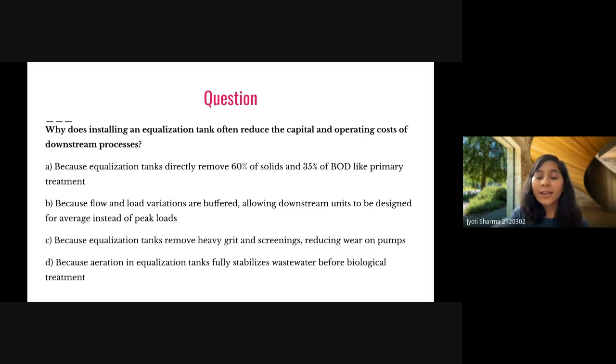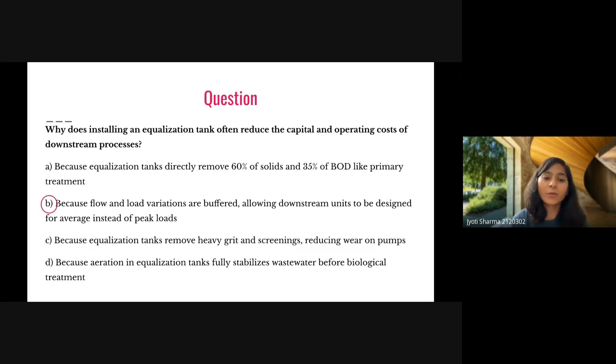Because the equalization tank directly removes 60% of solids and 35% of BOD; because flow and load variations are buffered, allowing downstream units to be designed for average instead of peak loads; because the equalization tank removes heavy grit and screenings; because aeration in the equalization tank fully stabilizes wastewater before biological treatment. I think you already gave me answer B, Dia, Priscilla.